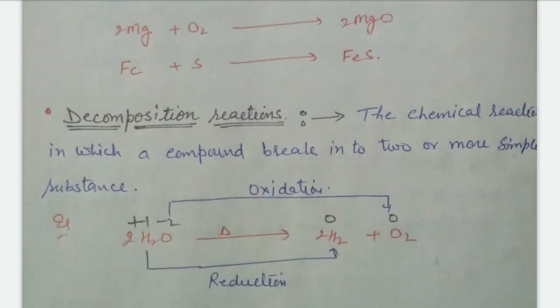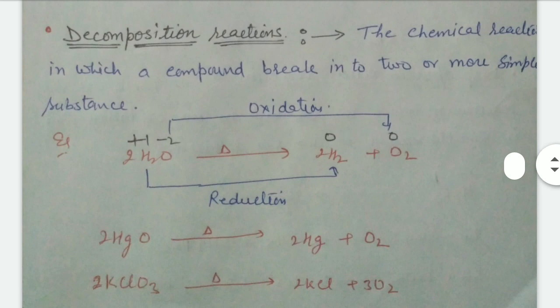The second one is decomposition reaction, the chemical reaction in which a compound breaks into two or more simple substances. It means one reactant decomposes into two or more substances.